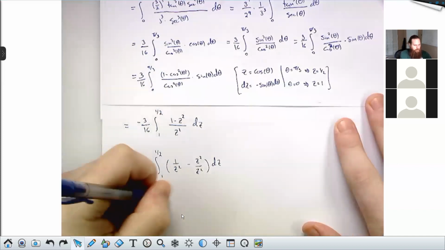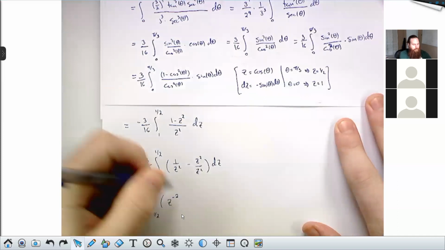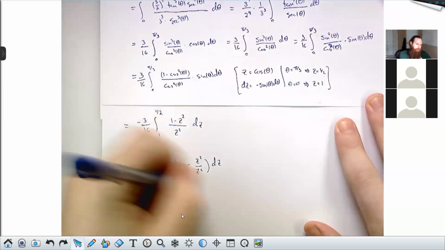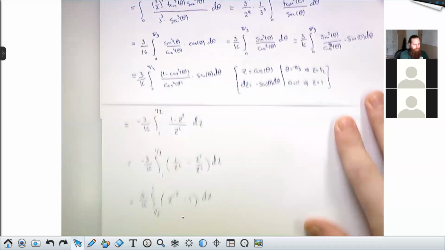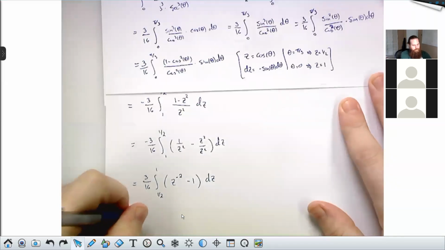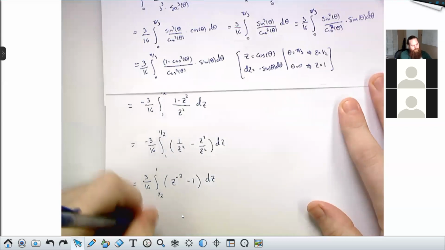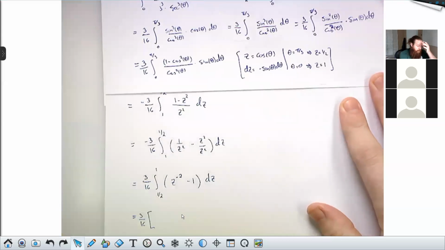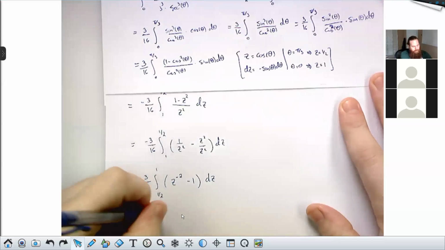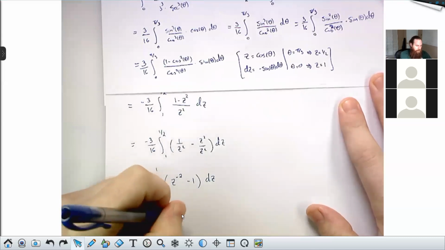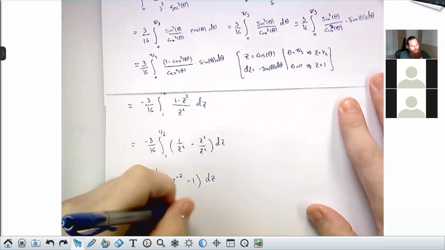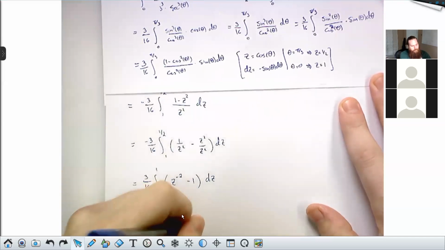And then this becomes z to the negative 2 minus 1. So I get 3/16 times z to the negative 2 becomes negative 1 over z, minus 1 becomes minus z. And I have to evaluate this from 1/2 to 1.